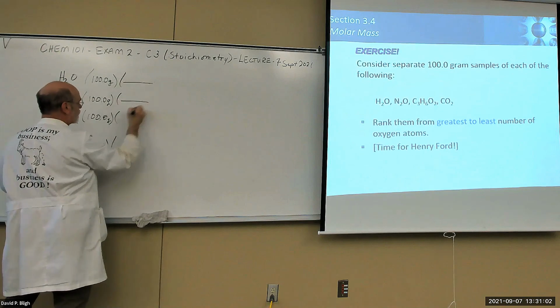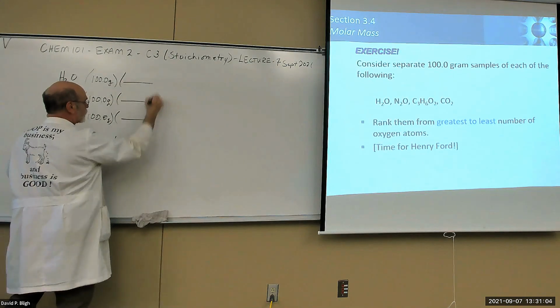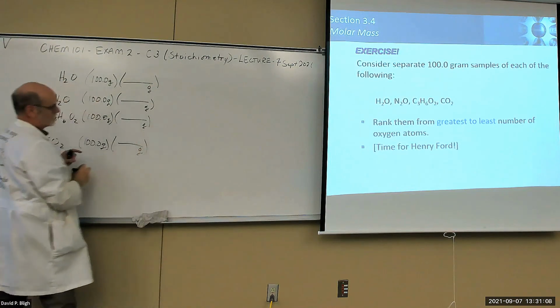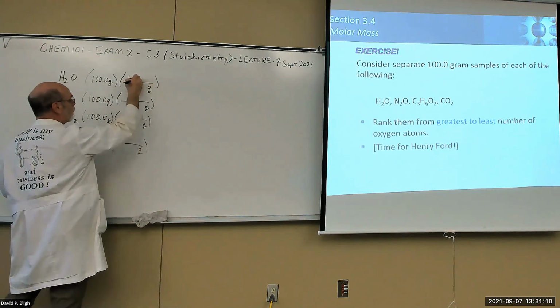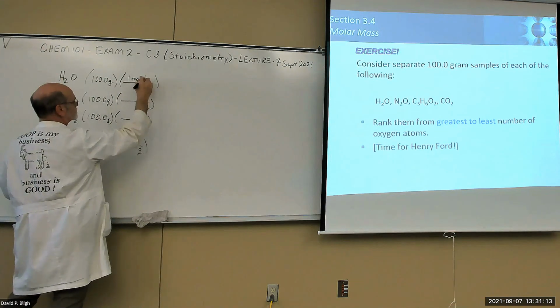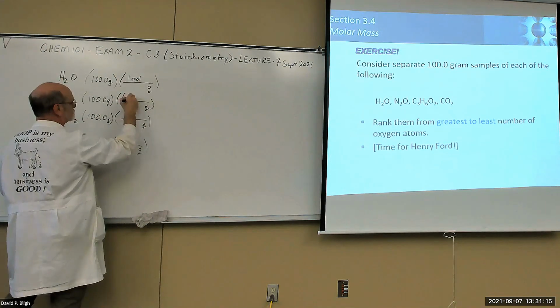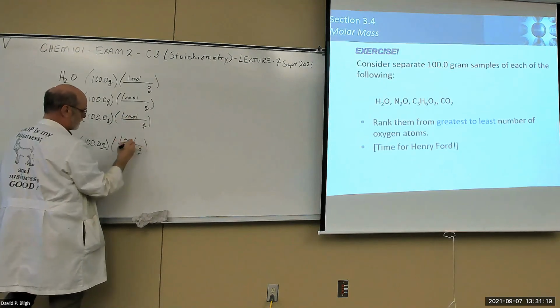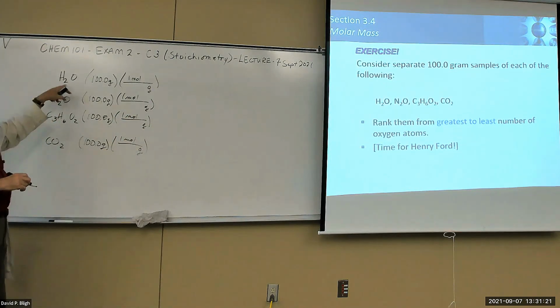All right. So we got to get rid of grams in the denominator, and they'll leave us with a mole of whatever, a mole of the molecules. So we need the molar mass of each one of these.